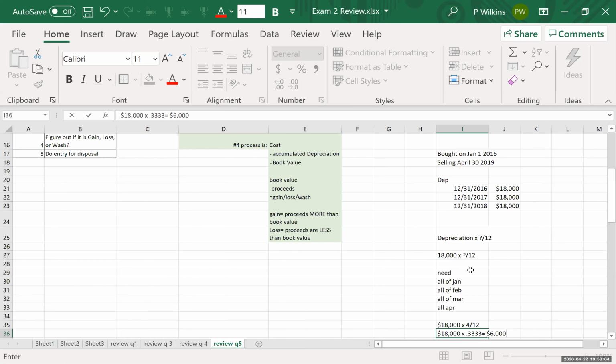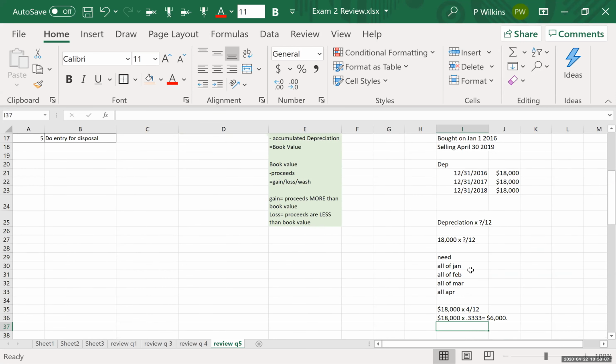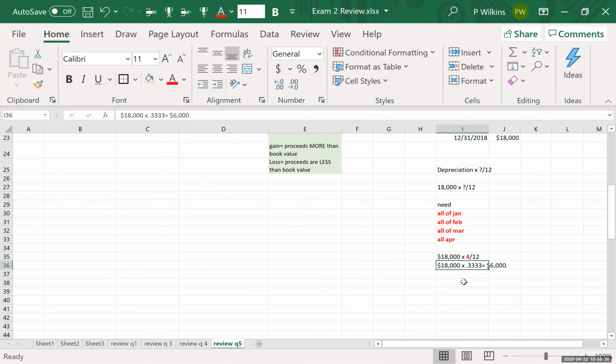So $6,000 is the amount of depreciation that we need to do an entry for. Okay. Does everyone see where that comes from? The four in there is equal to all of January, all of February, all of March, and all of April. Okay, so now the depreciation to bring it current is $6,000. So we have to do an entry for that.